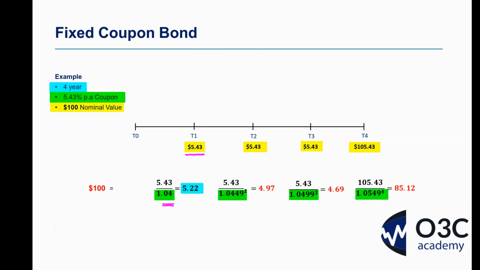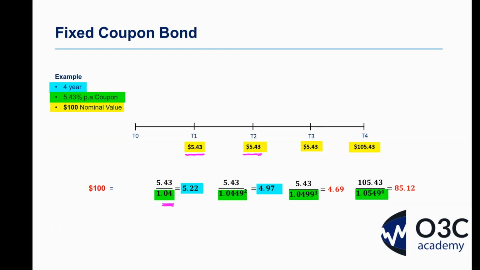Likewise, if we took the second cash flow and the present value of that is $4.97, if we put that into a bank that was willing to pay us 4.49% for both of those years, guess what we're going to have? We're going to have $5.43. So we can discount to get back to a present value, and we can take those present values and compound them forward to work out future cash flows.